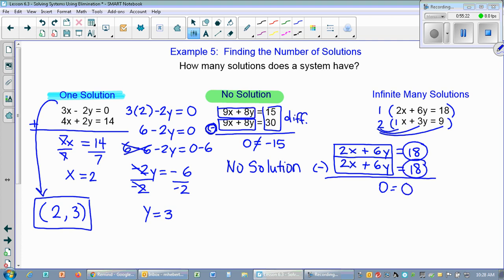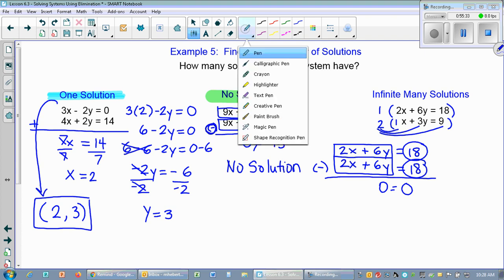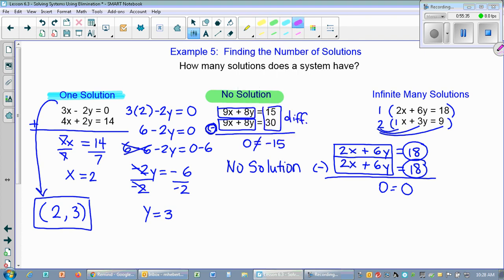Will 0 equal 0? Always. So when your equation comes down to 0 equaling 0, this results in infinitely many solutions. So our answer is infinitely many solutions.